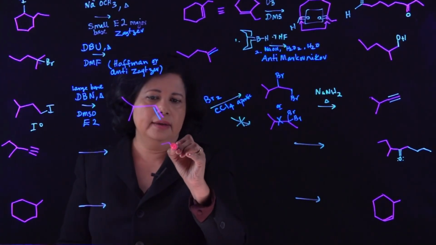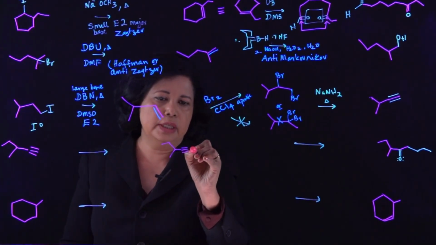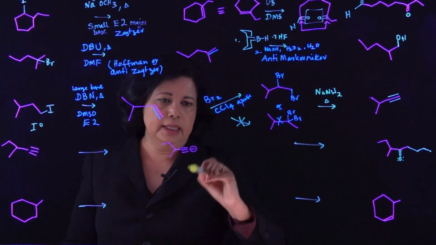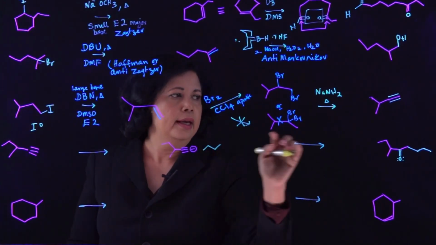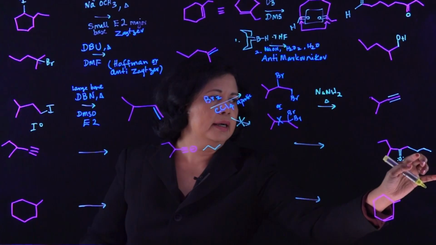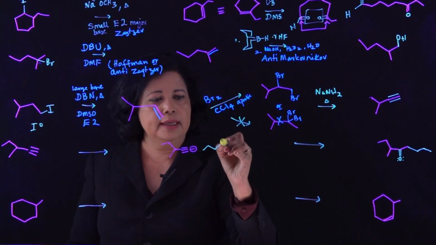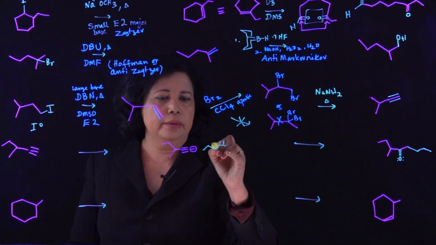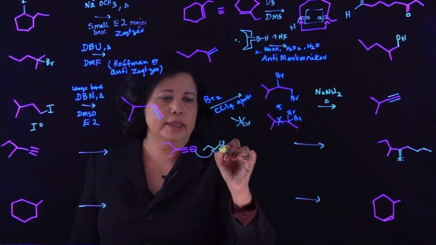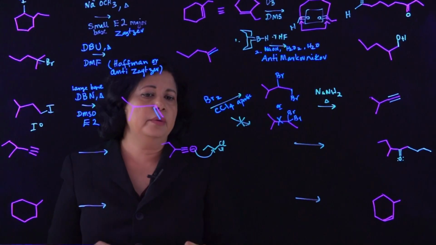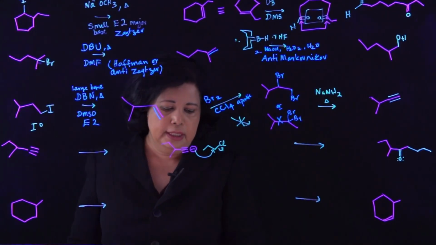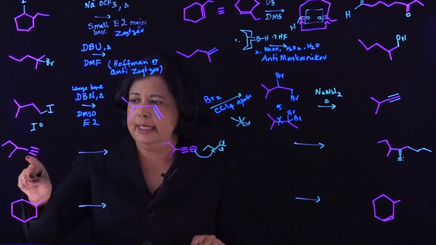One reaction is taking this and doing an SN2. You have 1, 2, 3 carbons that are attached, so you have to bring the 3 carbons with a leaving group, like a chloride, and do an SN2. Great. And we are also going to do a hydrolysis to get a ketone.